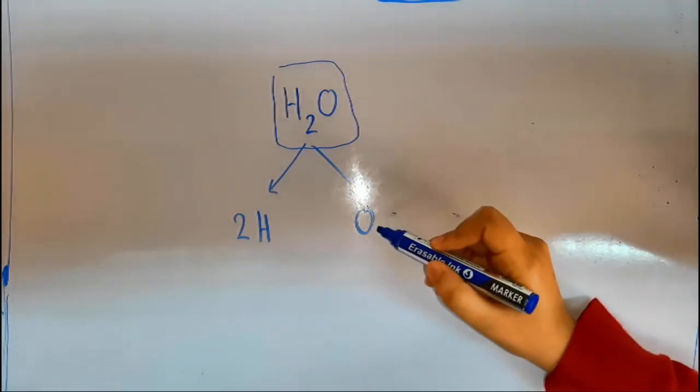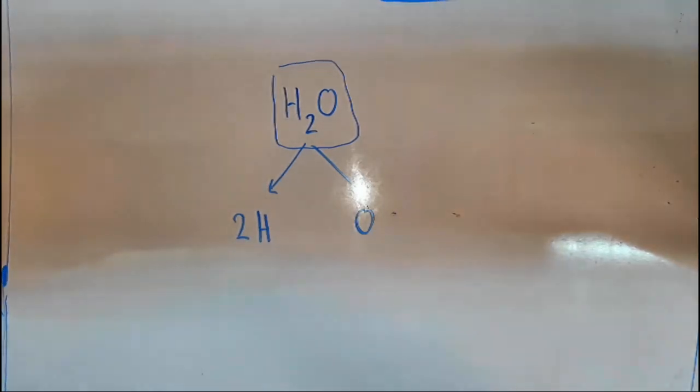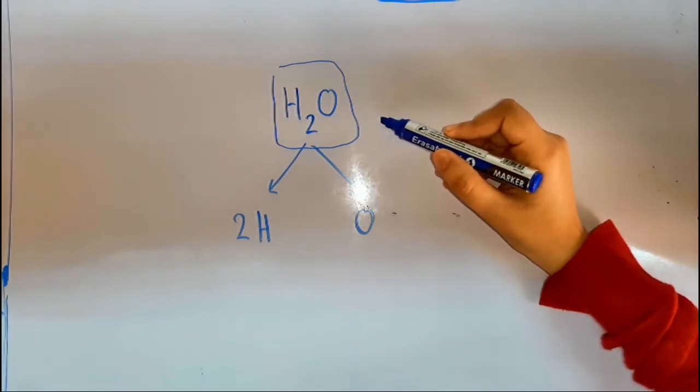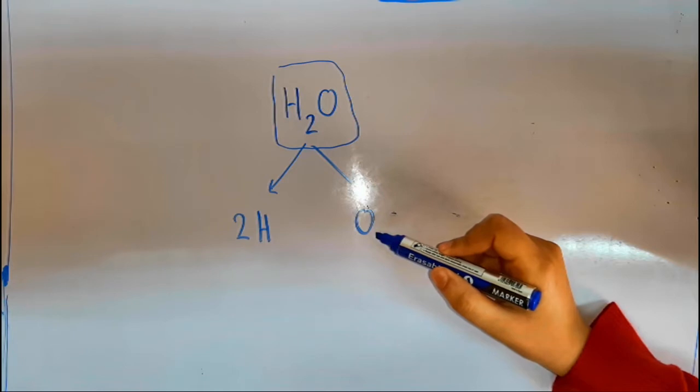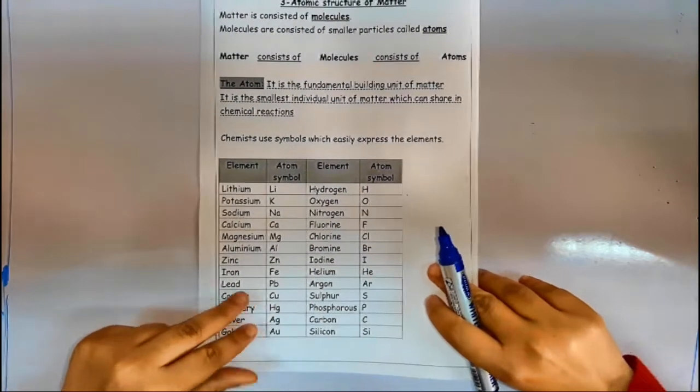But atoms can share in chemical reactions. So the molecule is the smallest part of matter which has the properties of matter and can exist freely. But the atom is the small particle which can share in chemical reactions. What is the atom?